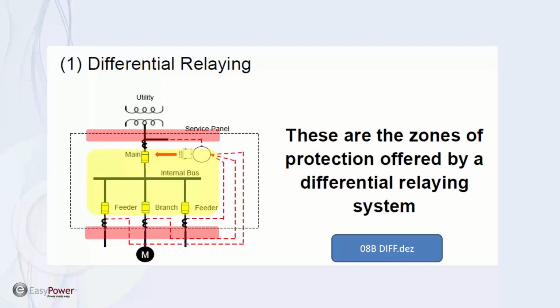But what the discussion is, if we have differential relaying, we have a relay installed in the system that's comparing the input current to a particular zone and the output of the feeder system to my loads, and can trip on a set point of relatively small differential so that it can detect a fault early in the process.